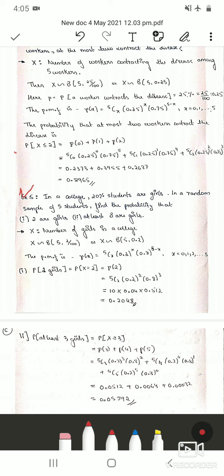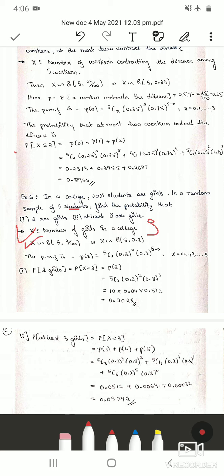So first they have given p as 20% and the number of students is your n, which is 5. So you get to know the parameters. First write what is x. So x is the number of girls in a college with a sample of 5 students.